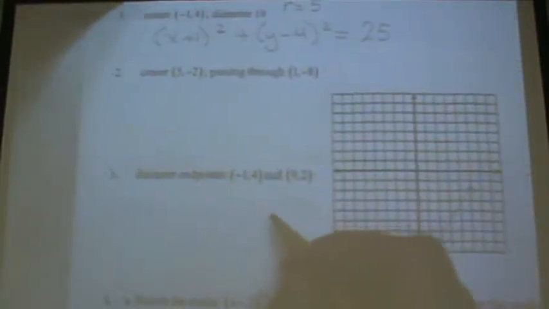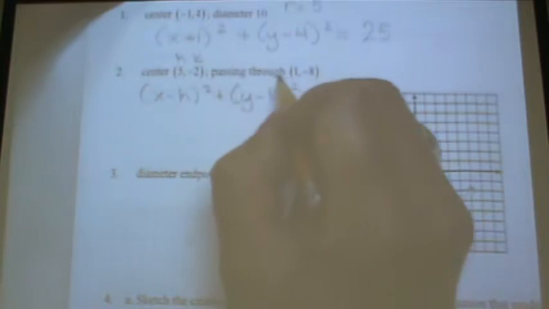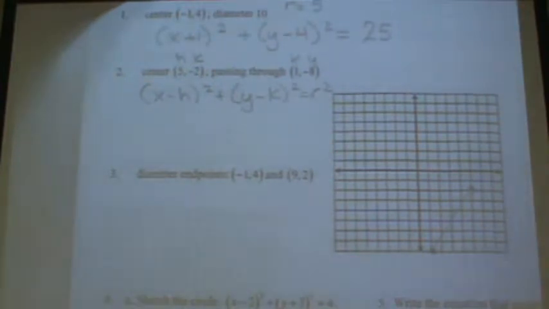In class, when I went over this, I did this formula, x minus h squared plus y minus k squared equals r squared. So the center, you're going to put h and k here, and this is x and y. Okay?